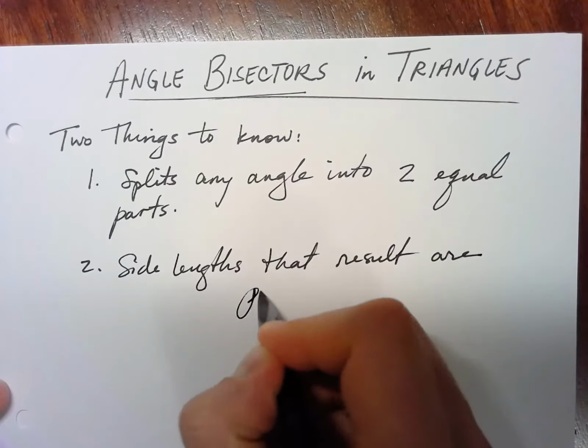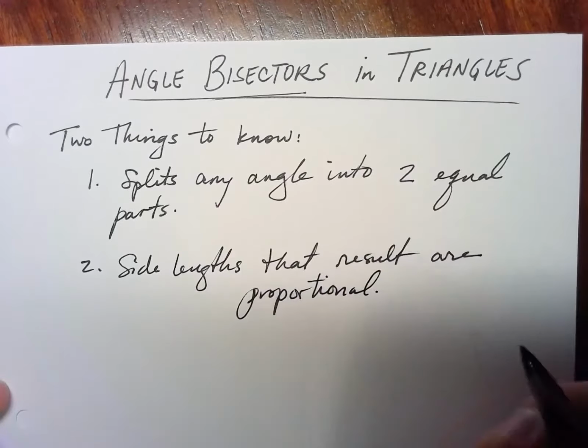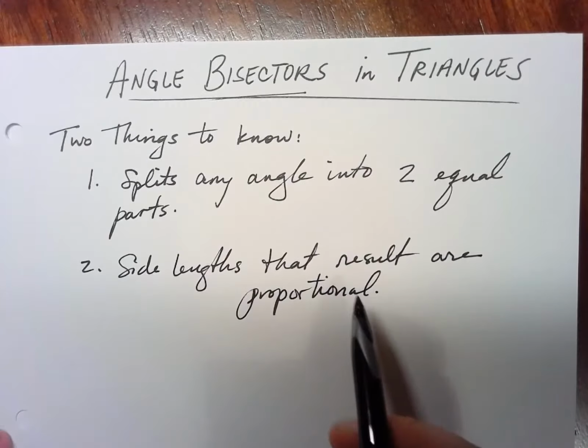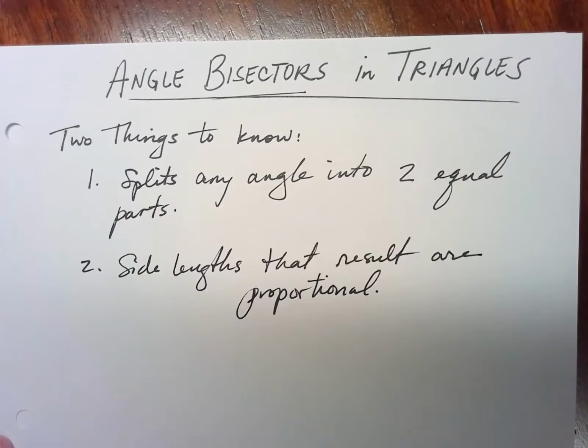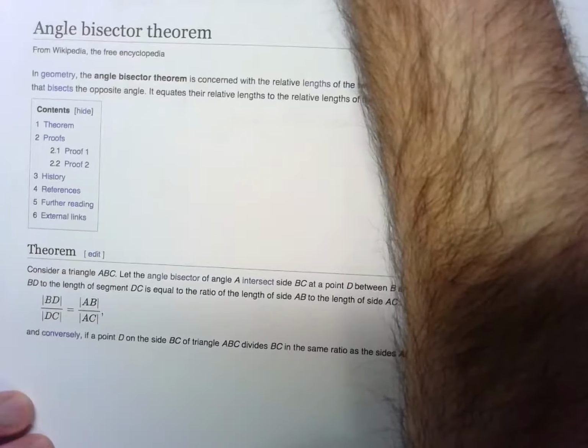They are proportional. So that's the interesting thing. The side lengths that result are proportional to each other. And I have this diagram right here that explains this. Let me zoom in.